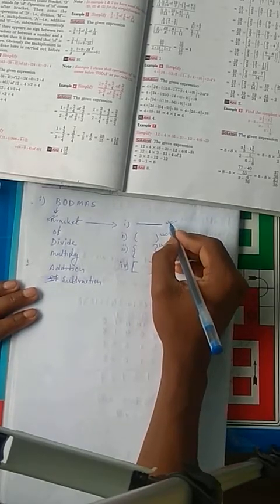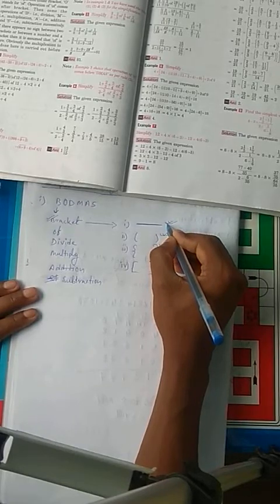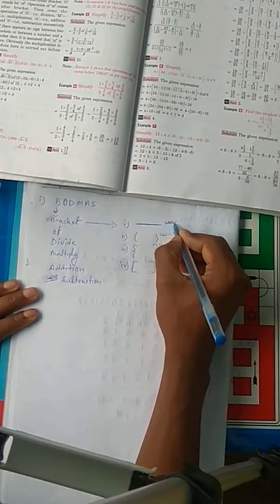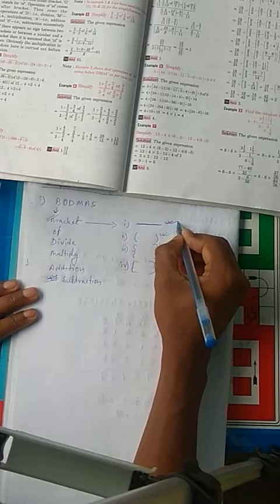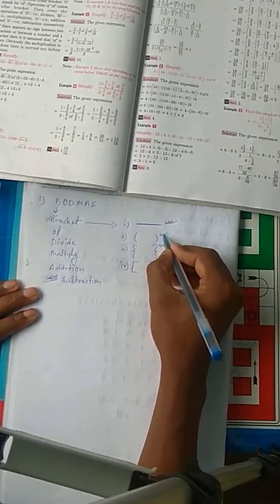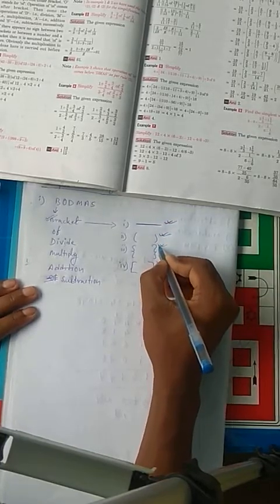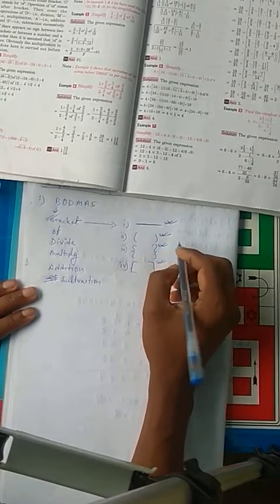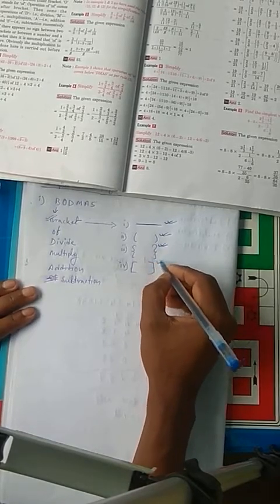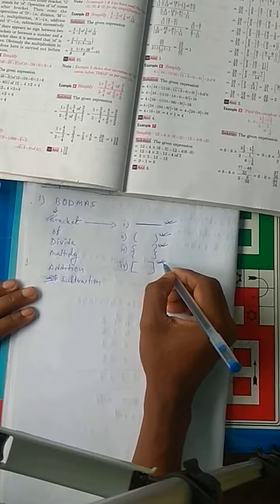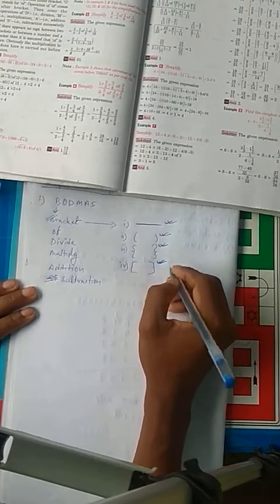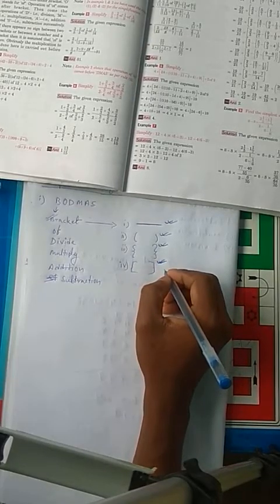If all the brackets are there, then the operation of the line bracket we have to do first, then the first bracket, then the curly bracket, then in the last the third bracket.